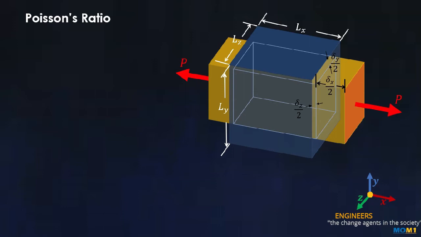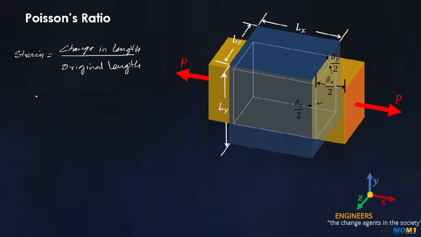Now, just to remember, strain is the measure of the change in length or the deformation, and we can write this strain as the change in length or the dimension, that is the deformation, upon original length.